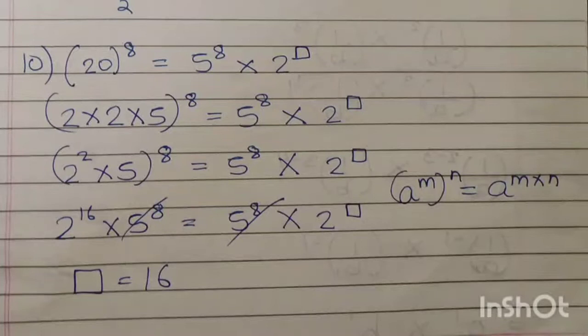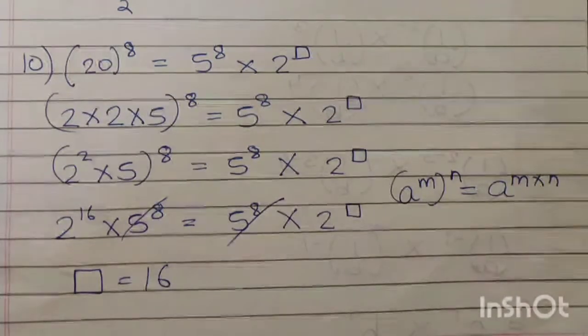Now 5 to the power 8, which is being multiplied on one side, you can bring as a division on the other side and cut 5 to the power 8 with 5 to the power 8. Or you can simply cut them in that equation only. So it will be 2 to the power 8 multiplied by 2 to the power 8 equal to 2 to the power box.